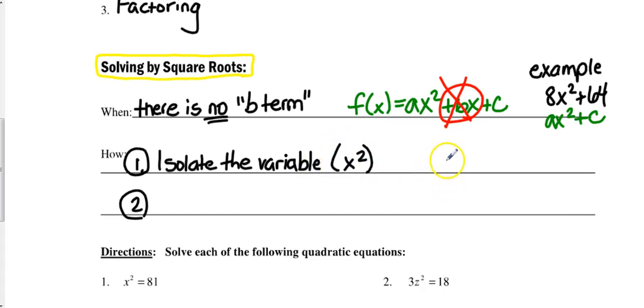So that's what we meant by isolate the squared variable. Once we isolate the variable x squared, we are going to take the square roots of both sides.